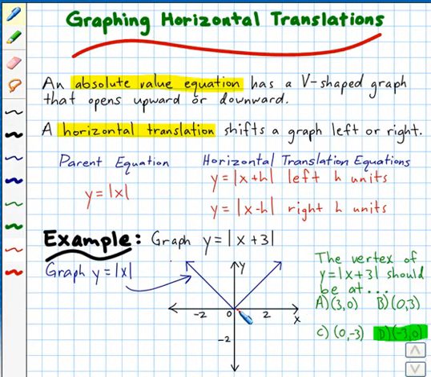So we're going to slide the vertex of the parent equation 3 units to the left. And in fact, we're going to translate the entire graph of y equals the absolute value of x left 3 units.